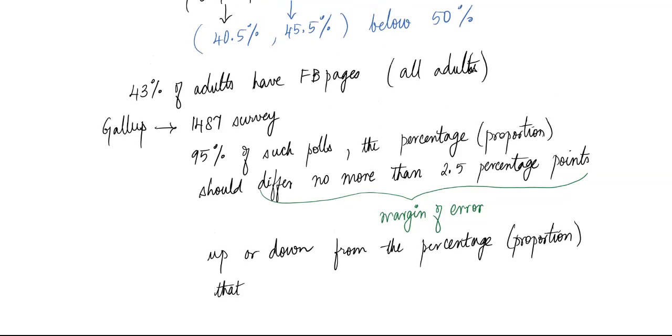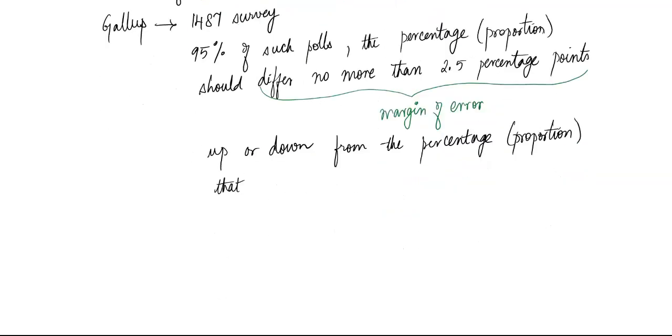So what we're saying is, it can be any of these because we are covering the margin of error by saying you can go up or down 2.5% from whatever the proportion would have been if we were to interview all adults, from the percentage that would have been found if we were to interview all adults.